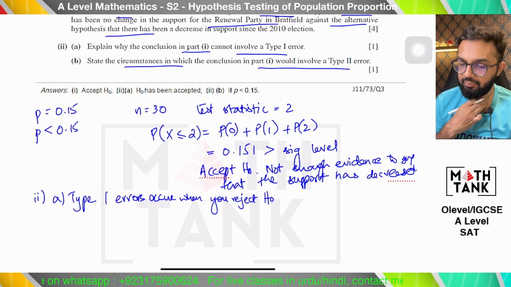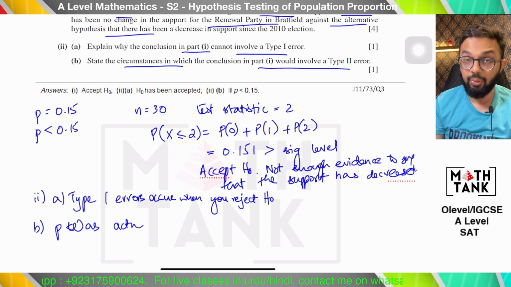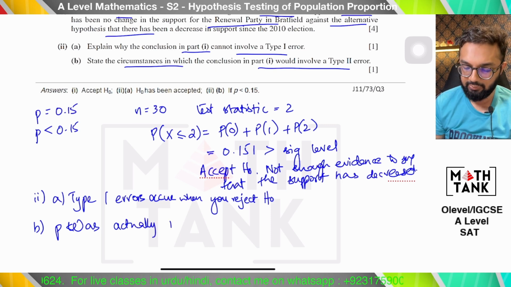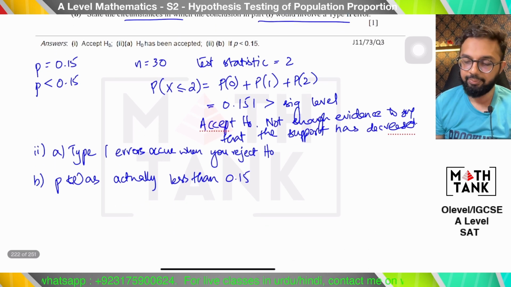That is when p was actually less, so there was a new p involved. That is when you would end up with a type 2 error. Okay.